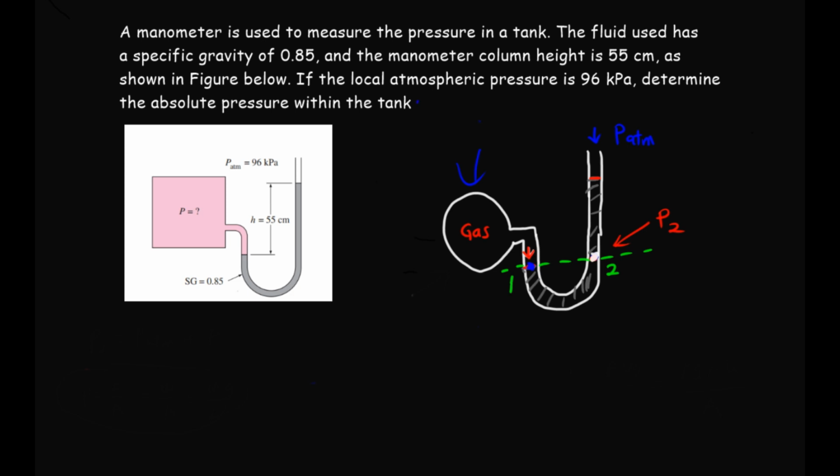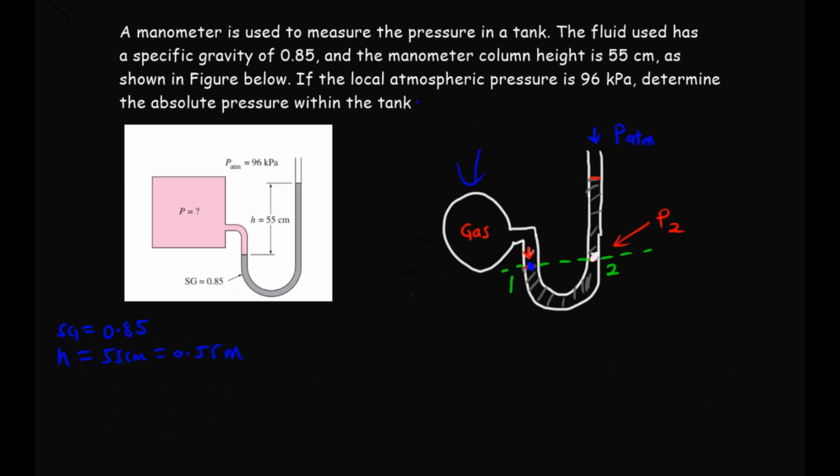So let's look at how you are going to do this. From the question, let's look at the data we've been given. We've been given the specific gravity of the fluid in the manometer, which is equal to 0.85. And we've been given the manometer column height h, which is equal to 55 centimeters, and that will be equal to 0.55 meters.